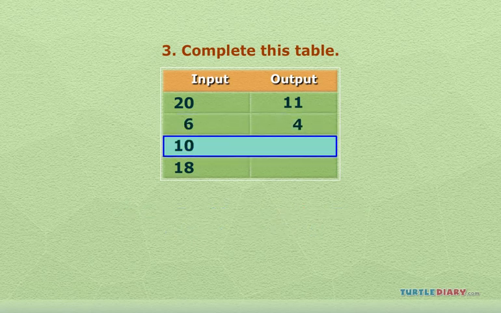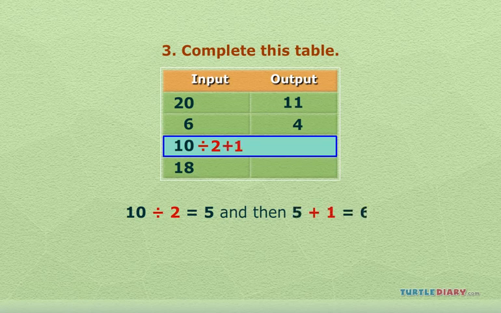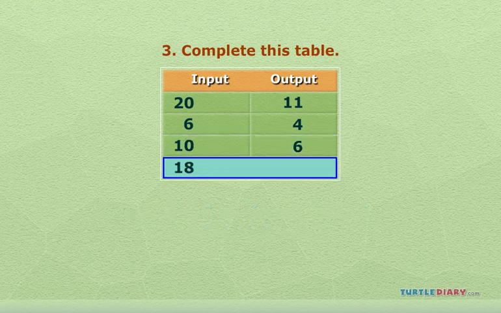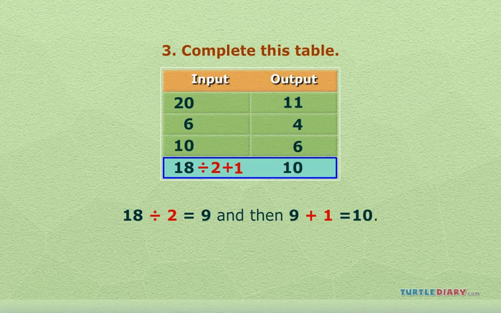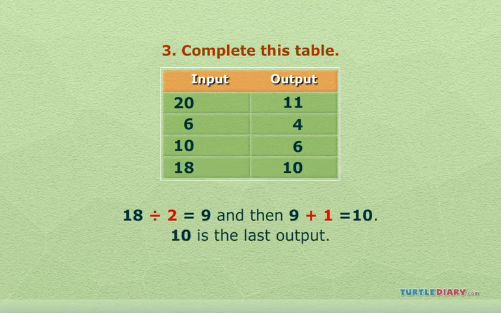For the next input, 10, 10 divided by 2 equals 5, and then 5 plus 1 equals 6. 6 is the next output. For the last input, 18, 18 divided by 2 equals 9, and then 9 plus 1 equals 10. 10 is the last output.